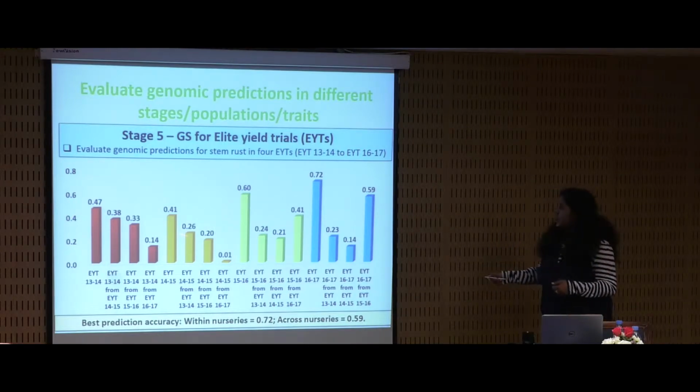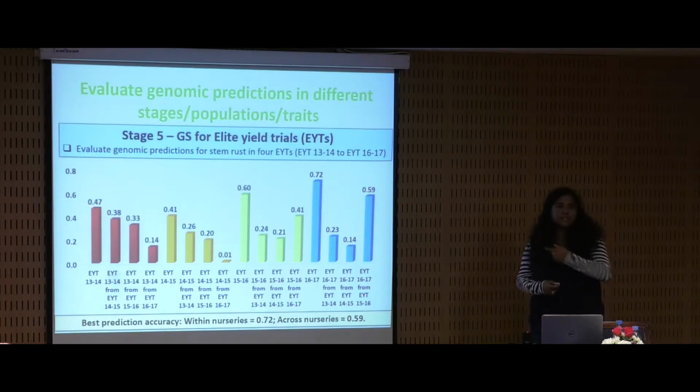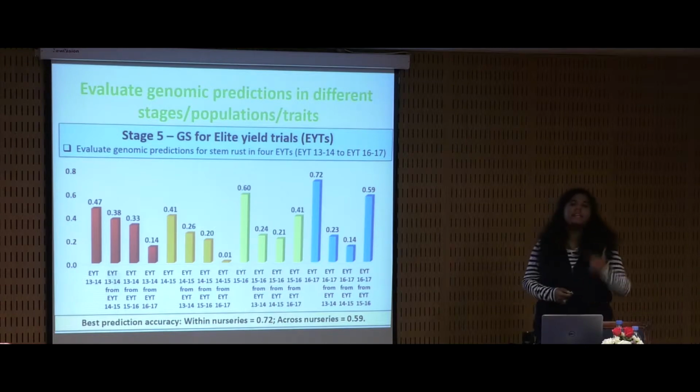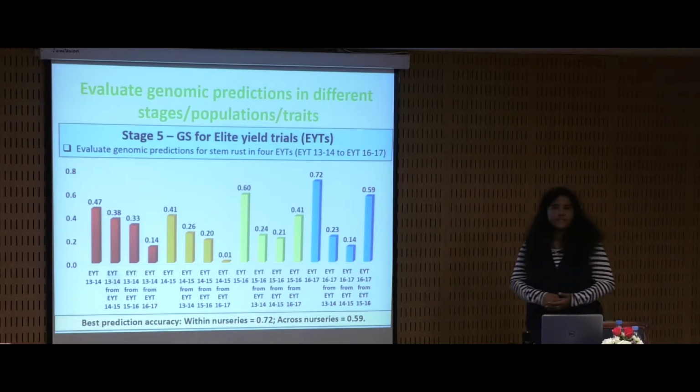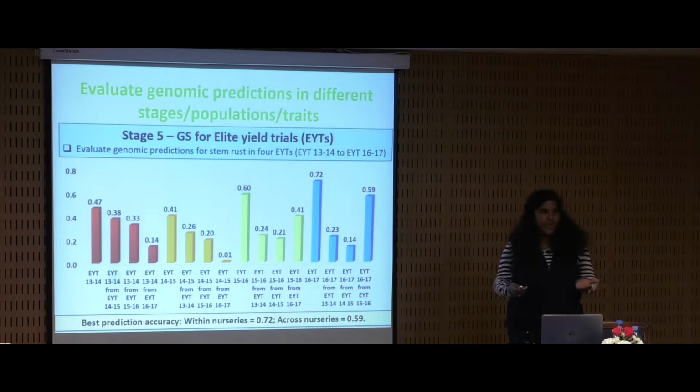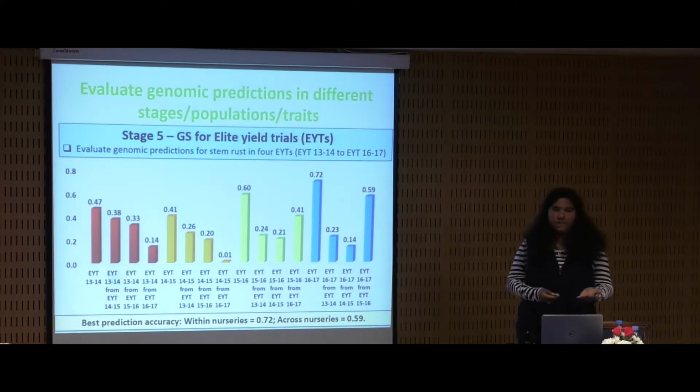As you can see here, some of the populations are very well predicted from the other nurseries. So stem rust is not such a complex trait, at least in our populations, not very complex like grain yield. And if you look at one of the nurseries, which was predicted from another nursery, the accuracies were about 0.6. And this really looks promising to help us reduce some of the replications that we have across different seasons.